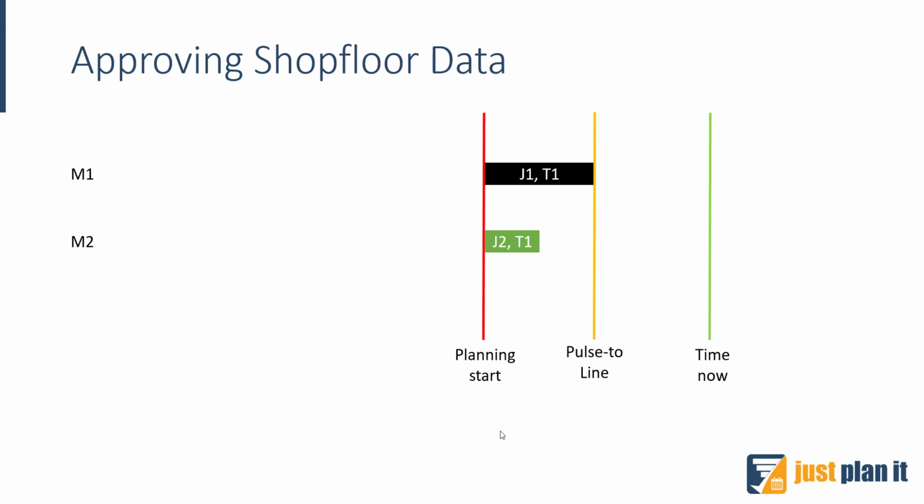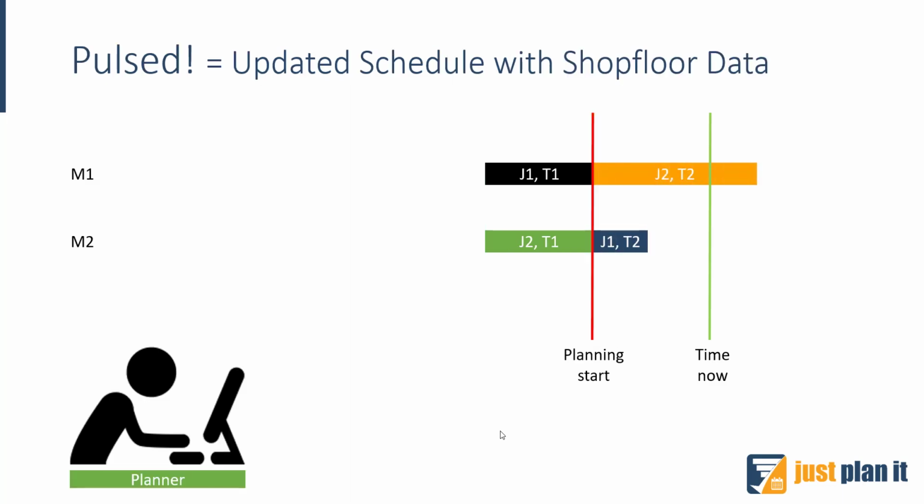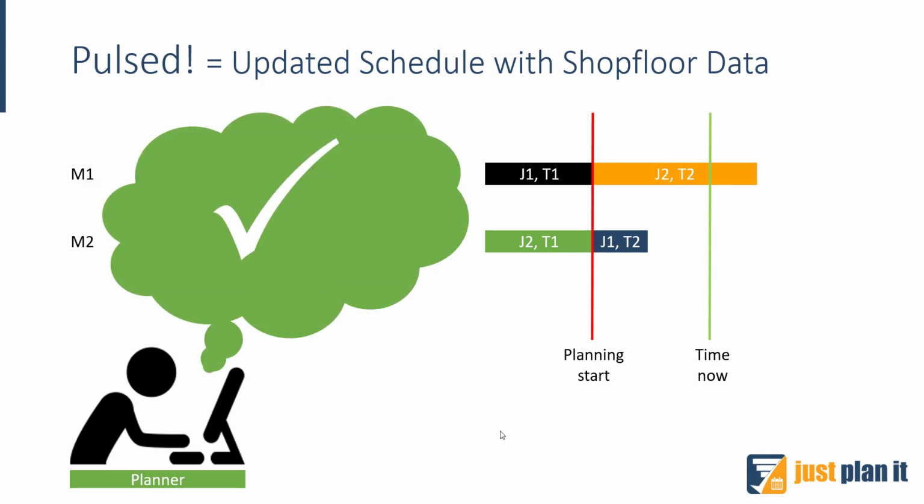And for that reason, this task will be automatically prolonged to the new planning start line, or here before approval to the yellow line. So obviously the execution of task 1 of job 2 takes longer than estimated, and if I am now approving that, then exactly this happens.